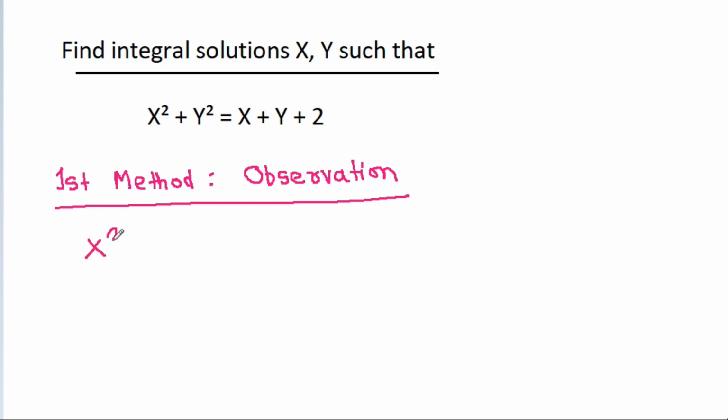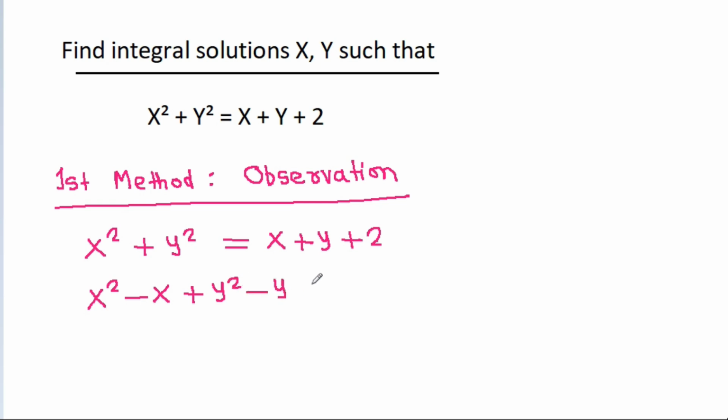We have x square plus y square is equal to x plus y plus 2, and it is x square minus x plus y square minus y is equal to 2, and it is x times x minus 1 plus y times y minus 1 is equal to 2.